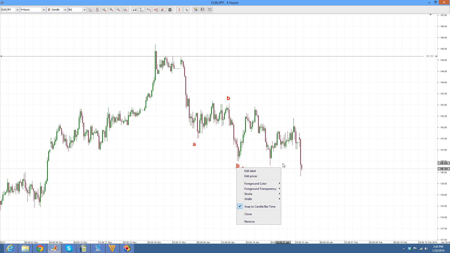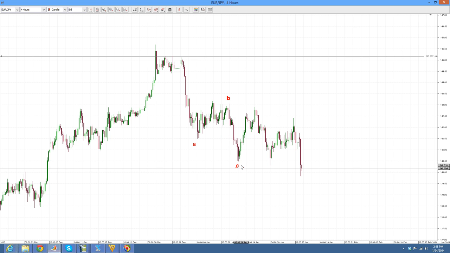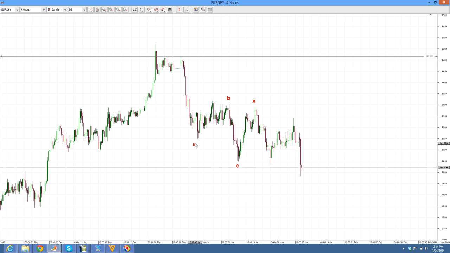So A, B, C, X, and then another A, and the B, and of course the C. So A, B, C, X, A, B, C, and that would be our, let's say, place to buy call options.